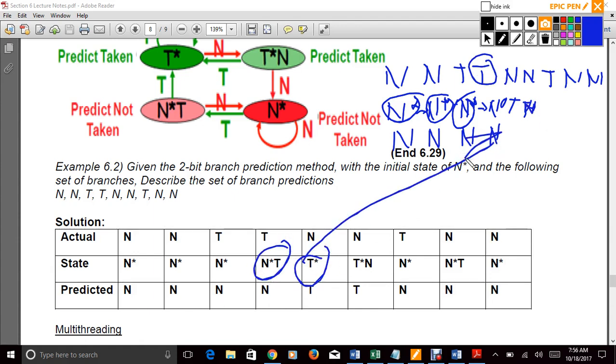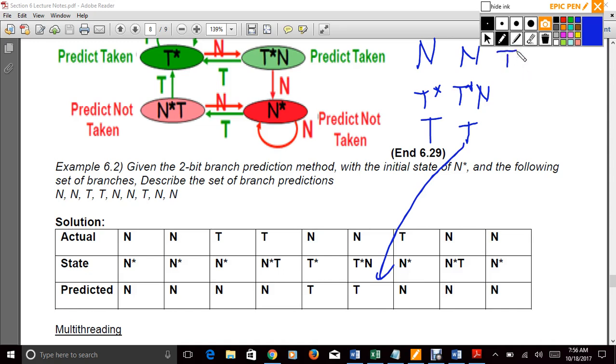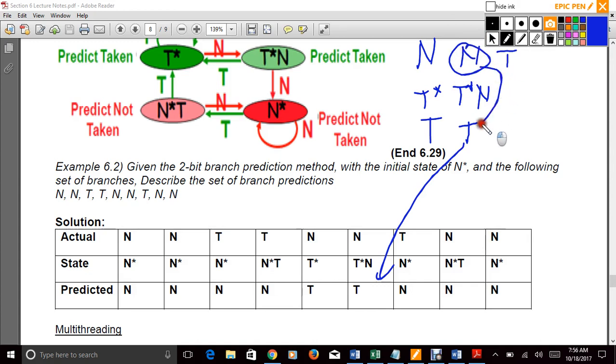That's what I'm trying to draw up here. So if we're at n and we're at t star, what's going to happen is we're going to predict taken. Well, we're wrong, so now we're going to go to t star n, and we're going to predict taken. And then it turns out we're wrong, so we're going to go to n star.